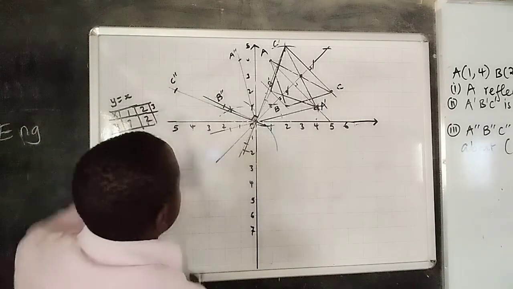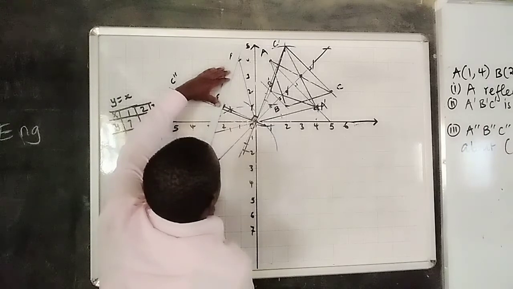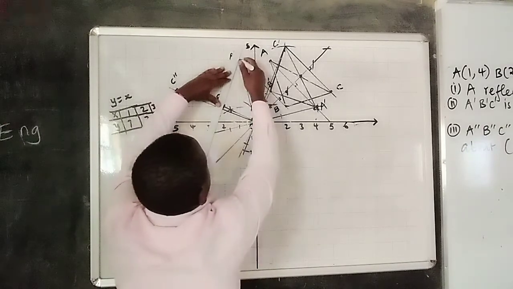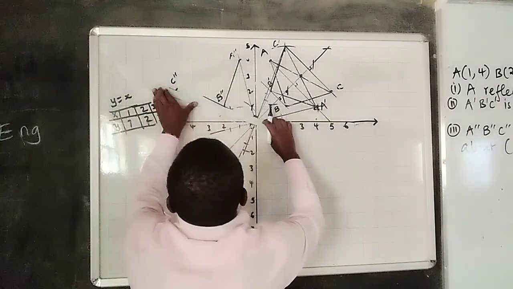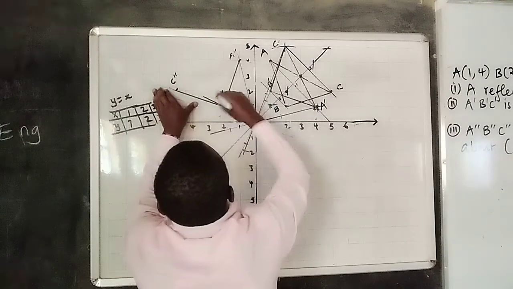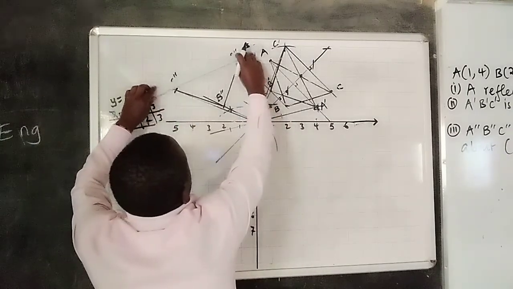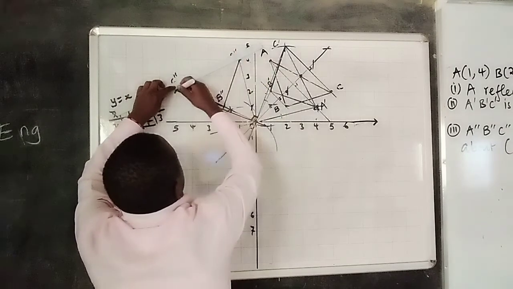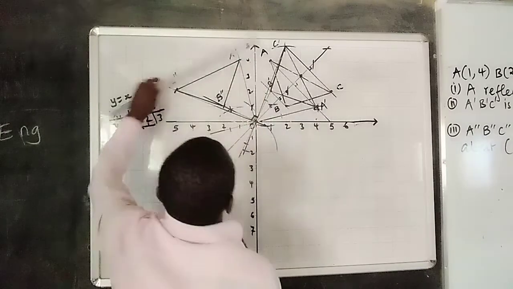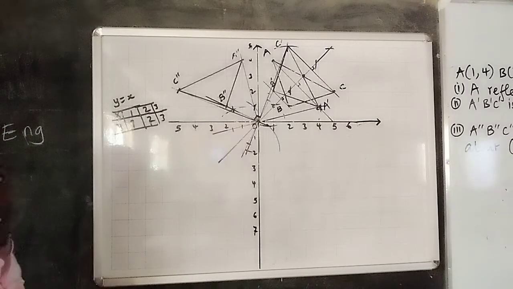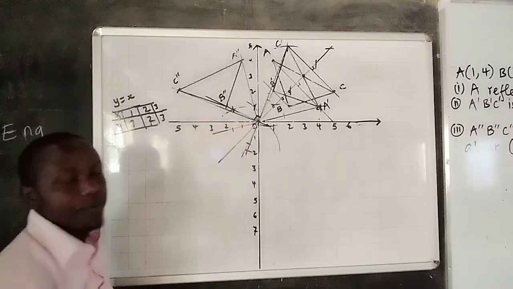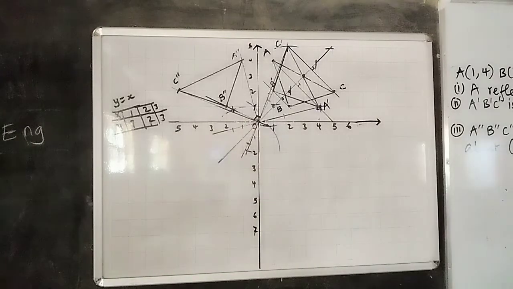Therefore now the second image will be A double prime B double prime, then to C, then to A. So that is the rotated triangle.